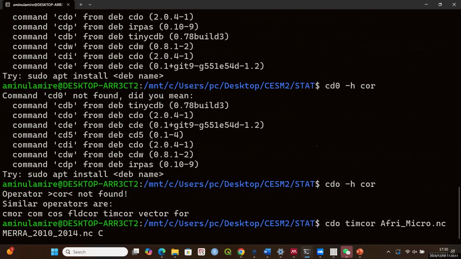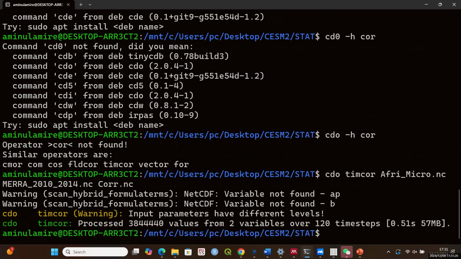Then we can call the output correlation, and you just type it like that, .nc. You can check in the book which correlation is being used, because we have Pearson correlation and so many others. I think it's Pearson correlation. So then you can press enter. You can see that it has processed our values.